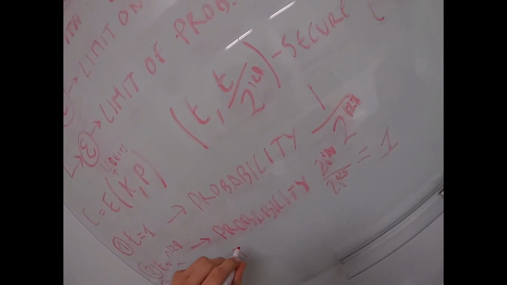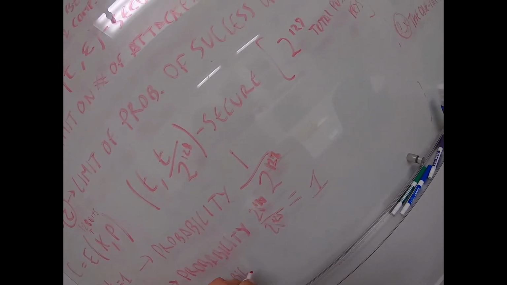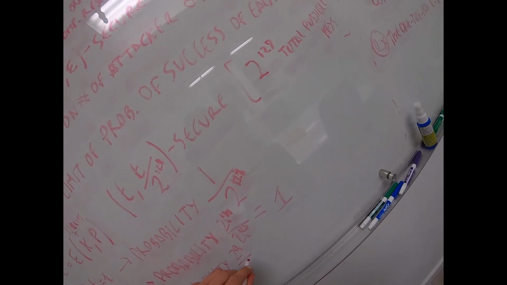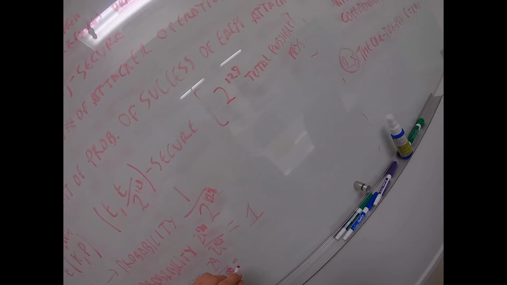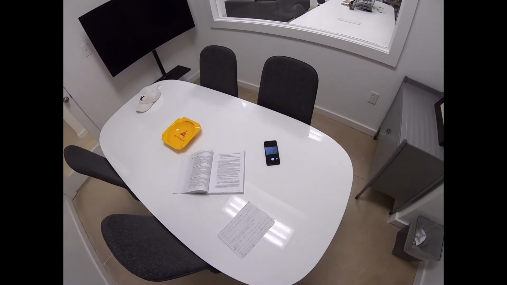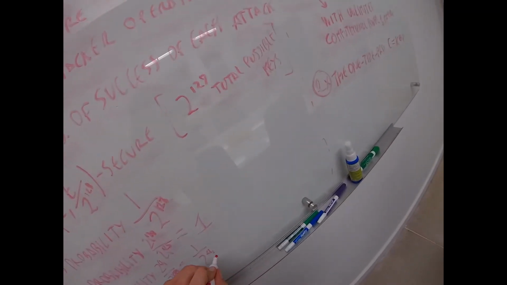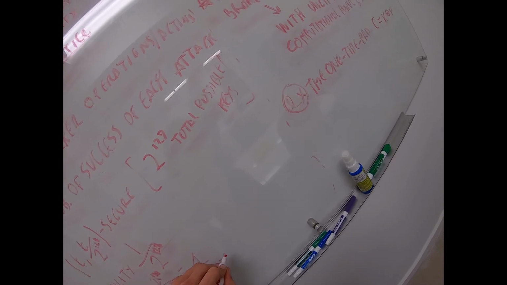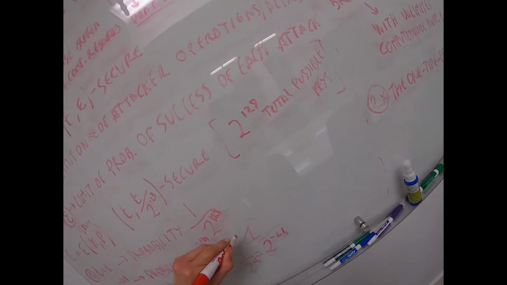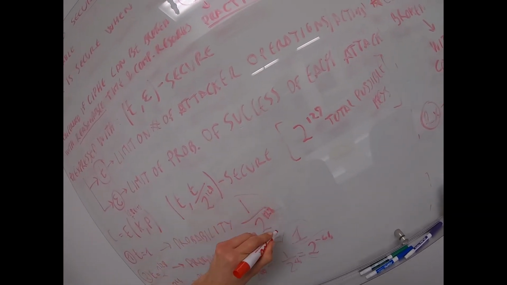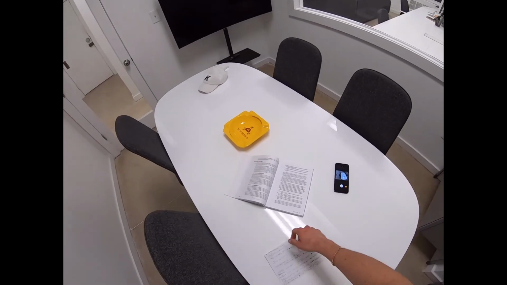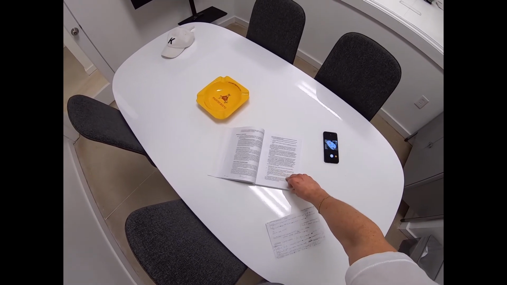Again, we simply do 2 to the 64 over 2 to the 128, which gives me 1 over 2 to the 64, which means it's 2 to the minus 64. Okay? 1, 2, 3. Okay? So, just make sure I'm not missing anything.